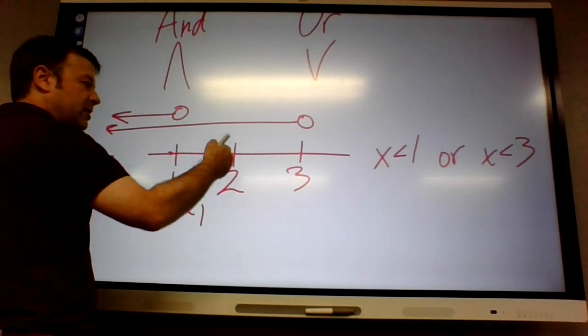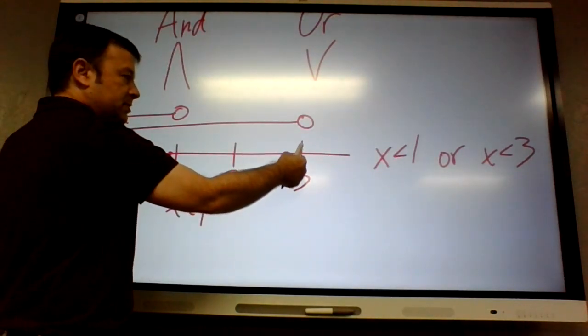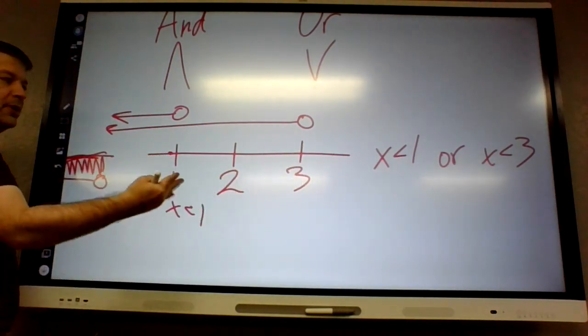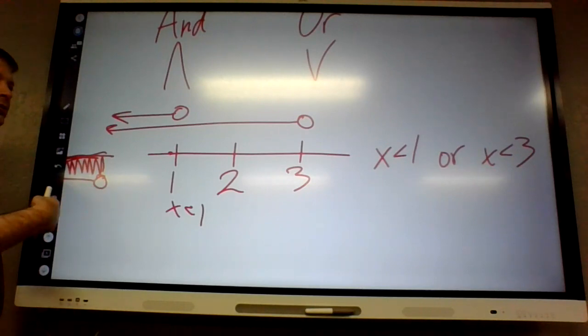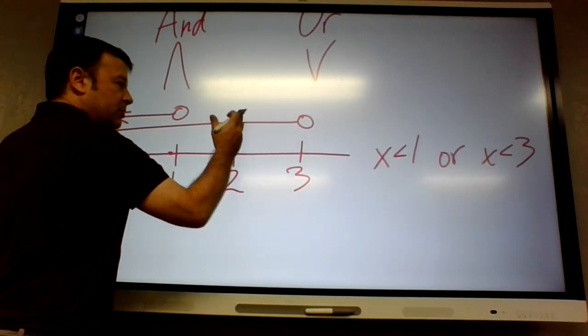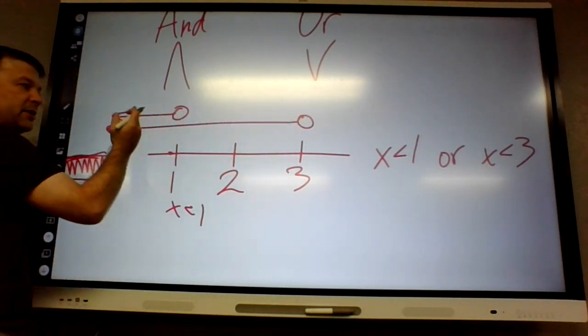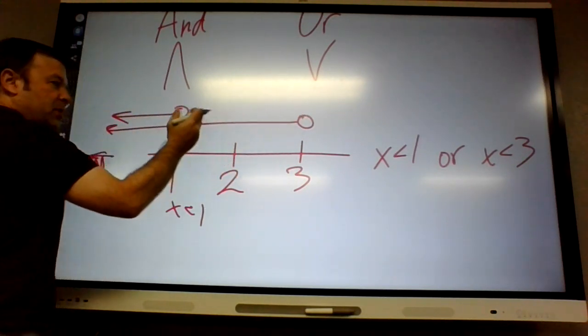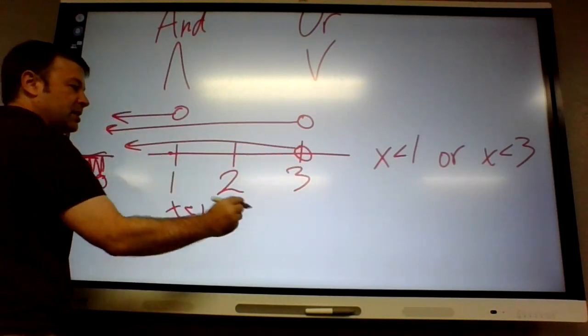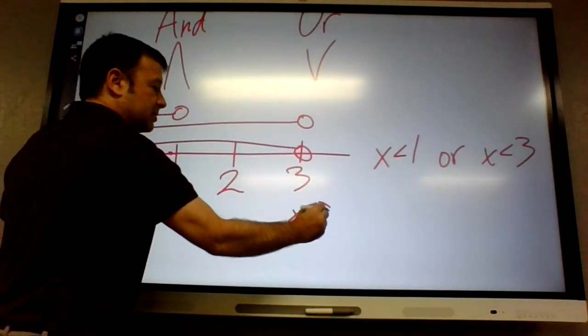Yes. Everything. Is 3 less than 1 or less than 3? No, it's not either. So with the "or," if it's true on one of them, it's true. Does that make sense? So with the "or," we would start all the way back here. If it's covered by one of them, it's part of the answer. So on the "or," it would just be x is less than 3.